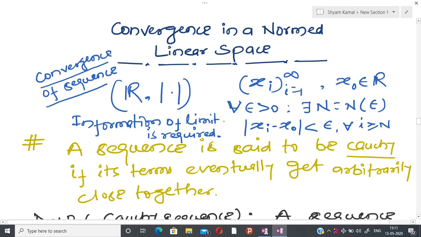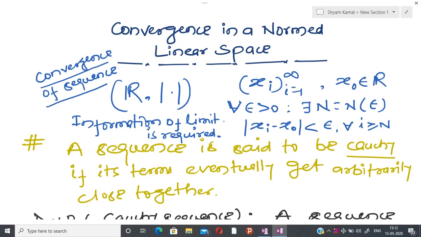Whenever we are doing mathematical modeling, we develop some kind of non-linear differential equation, but we do not know how the solution will proceed with respect to time. Sometimes the solution may converge, may diverge. So we do not know the limit. Thus, it is desirable to have a criterion for the convergence that does not involve a candidate for the limit.